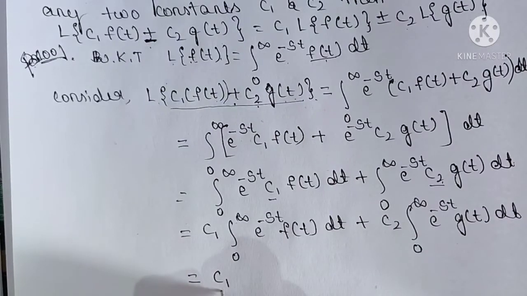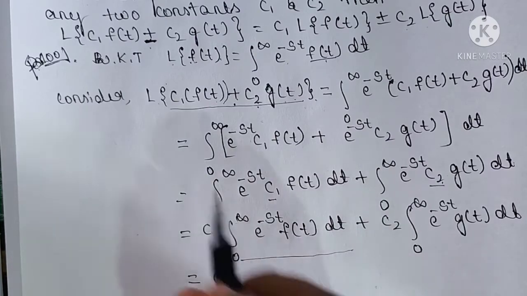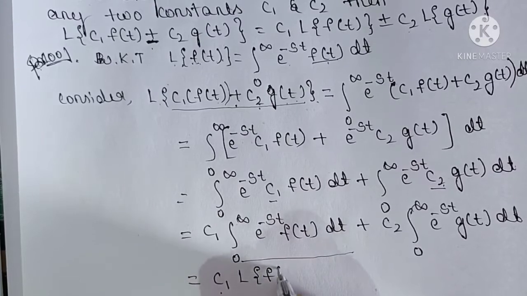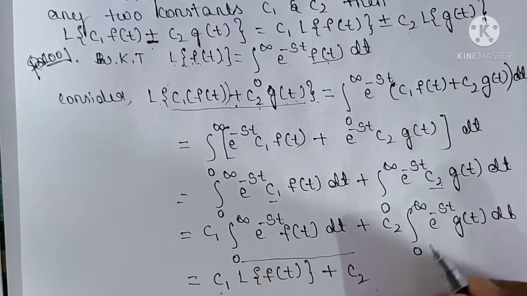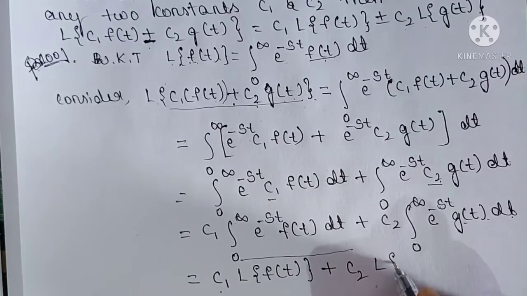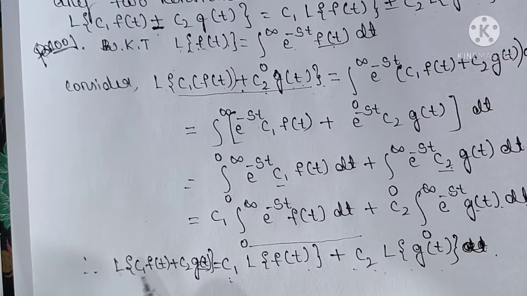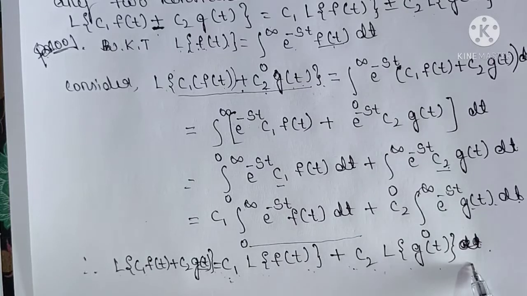This implies c1 as it is, integral from 0 to infinity of e^(-st) f(t) dt is denoted by L of f(t), plus c2 as it is, integral from 0 to infinity of e^(-st) g(t) dt can be written as L of g(t). Therefore, L of c1 f(t) plus c2 g(t) is equal to c1 L of f(t) plus c2 L of g(t).